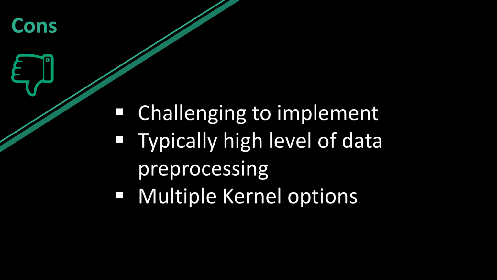One of the first is that it can be a little bit challenging to implement. Obviously, we're not going to get into that too soon, but I will give you a preview on why an SVM can be a little bit difficult. And also, in addition to that, it usually requires quite a bit of data pre-processing. And what that means is that whenever you're implementing a support vector machine, you have to have a pretty good set of quality data.